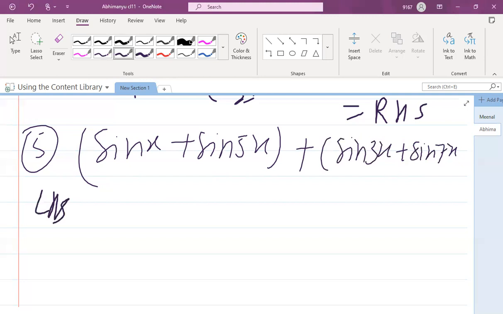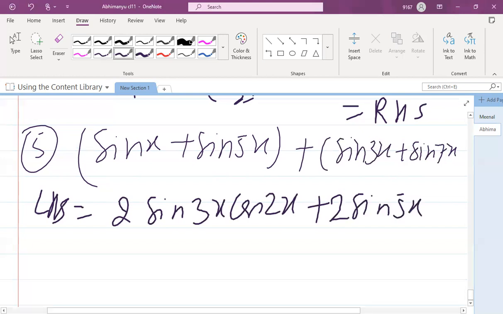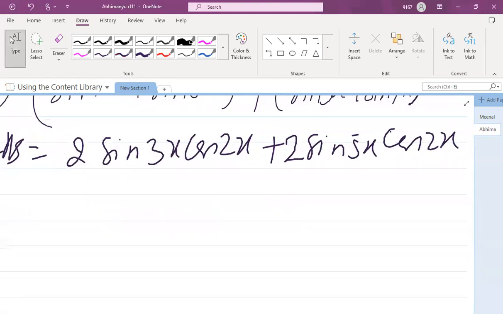LHS इक्वल्स टू 2 sin 6x by 2, 3x, cos 5x minus x, 4x by 2, cos 2x plus 2 sin 10x by 2, 5x, and 7 minus 3, 4 by 2, 2x. इसलिए हमने लिया था क्योंकि यहाँ तो कॉमन आ गया cos 2x. 2 cos 2x कॉमन आ गया हमारा, कॉमन ले लो.